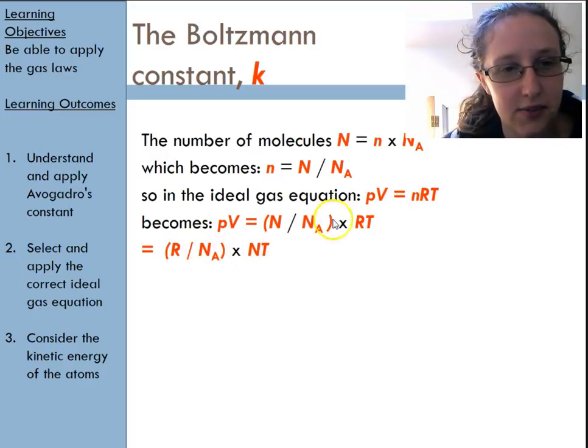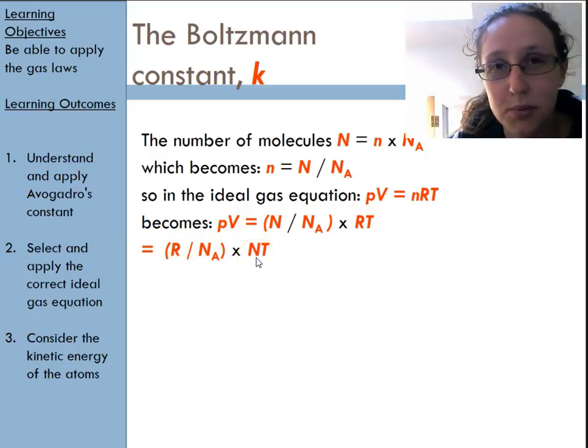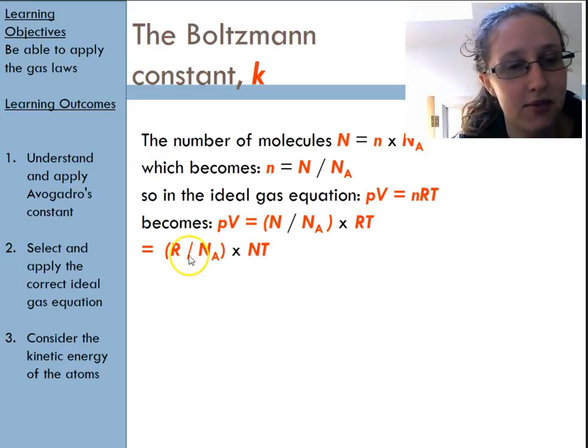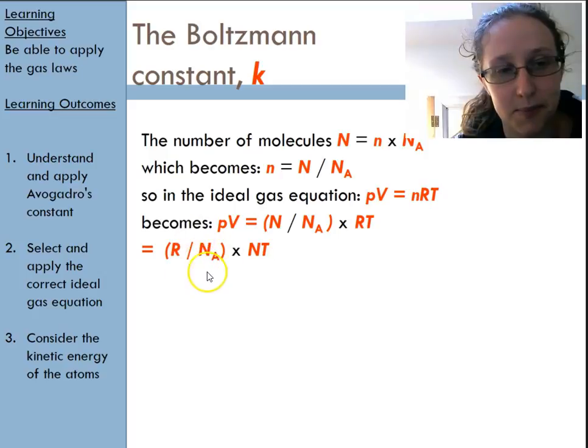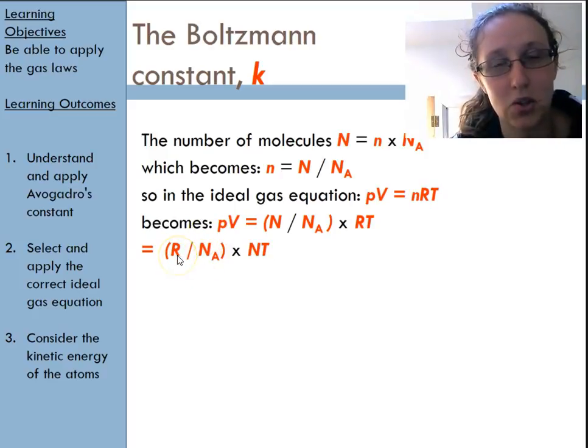Then I'm going to rearrange that slightly. All I've done is shift the R to the top of the fraction and pull the N out of the fraction. It all means exactly the same thing, but now I have R divided by Avogadro's number. R was the molar gas constant, so a constant, and Avogadro's number is the number of molecules in a mole, which is also a constant.